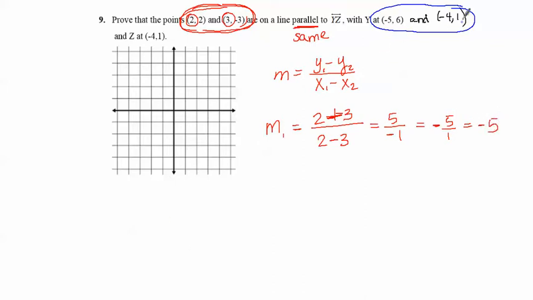Now let's try the slope of the second set of points. Slope of the second line. Y, which is a 6, minus y, that's a 1. Okay, and then on the denominator we're going to do the x minus the x.